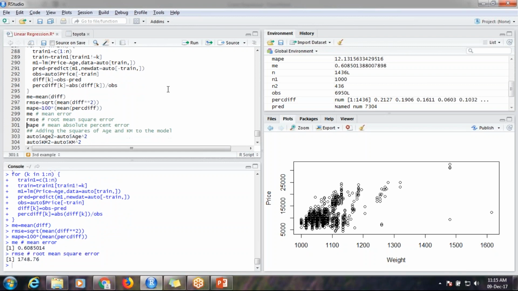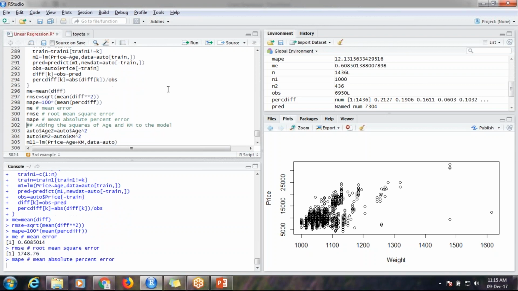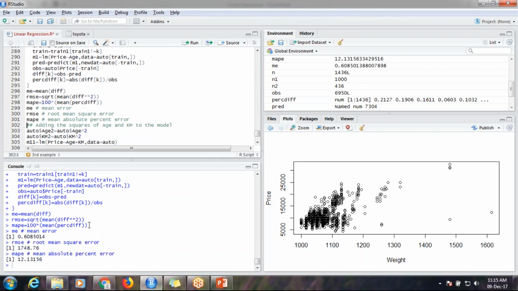Mean error has reduced, root mean square error is less. So when I'm taking fewer variables, see these are reduced. So always my motive would be to take the minimum number of variables, and using which I can explain the maximum variance.